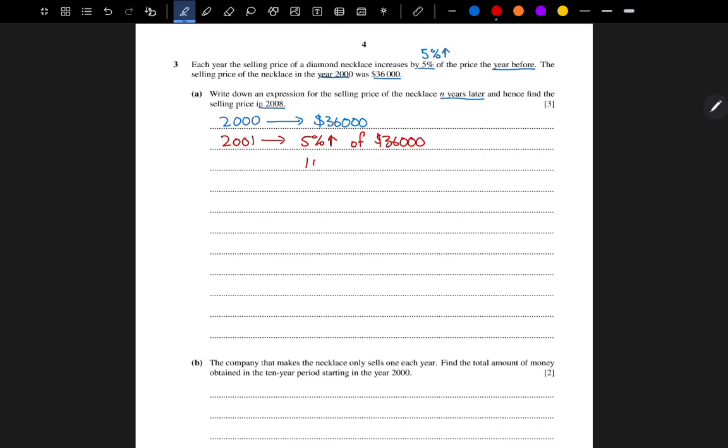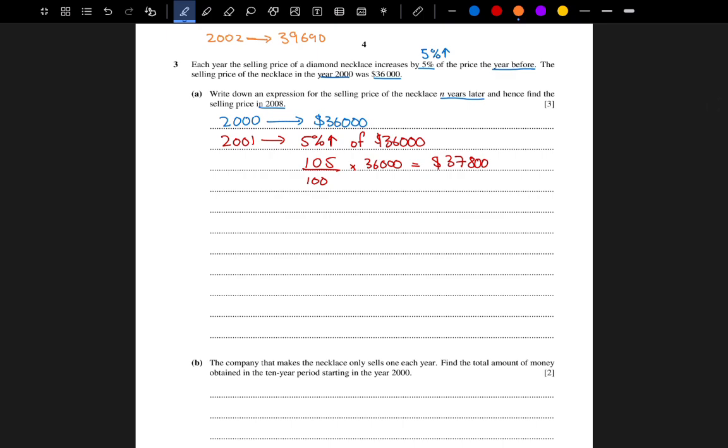So we can write this down as 105 upon 100 times 36,000, which will give us 37,800. Using the same logic, we can know that in the year 2002 the selling price will be 39,690.